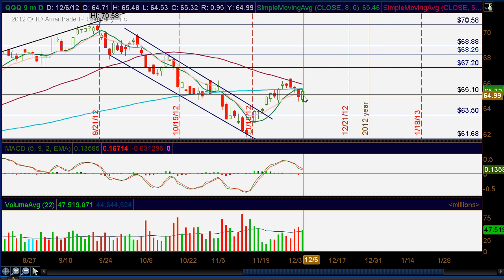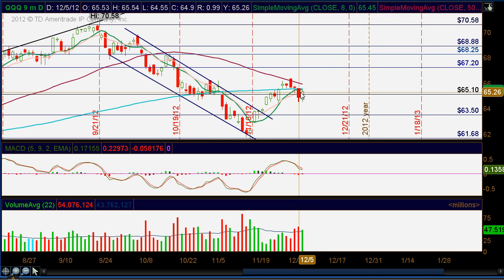And now today, we are finishing the day in the green, but at resistance, a significant area of resistance. We're testing those areas really hard because it's not only the 8 moving average, which you see here in green, but also the 200-day moving average, which you see here in blue.